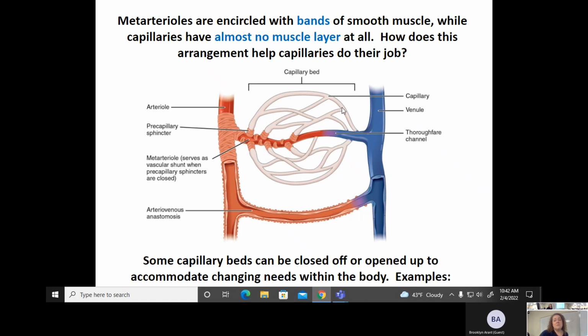Or should we let blood flow into this capillary bed and slow down and do some work here? It depends on what your body needs at the moment, whether you want a shunt, like an express route, bypassing this capillary bed, or you want blood to flow into the capillary bed and do a job there. So here is an example of when your body does this.